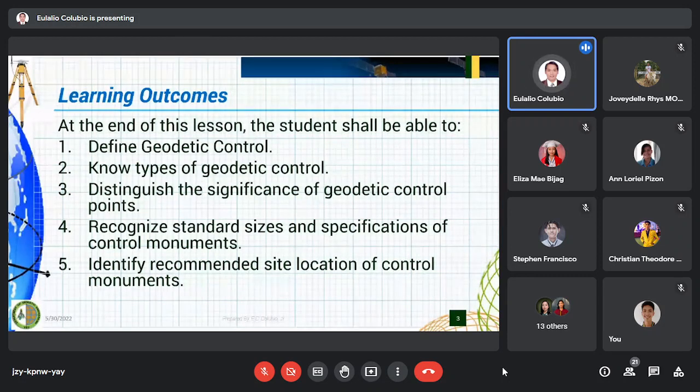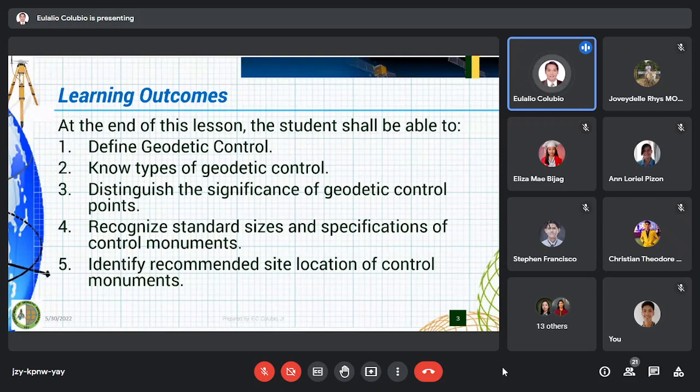Geodetic control is all about the consideration of the Earth's curvature. All monuments that consider curvature are geodetic control. And we have subclasses of geodetic control, the geodetic control itself and then the project control.